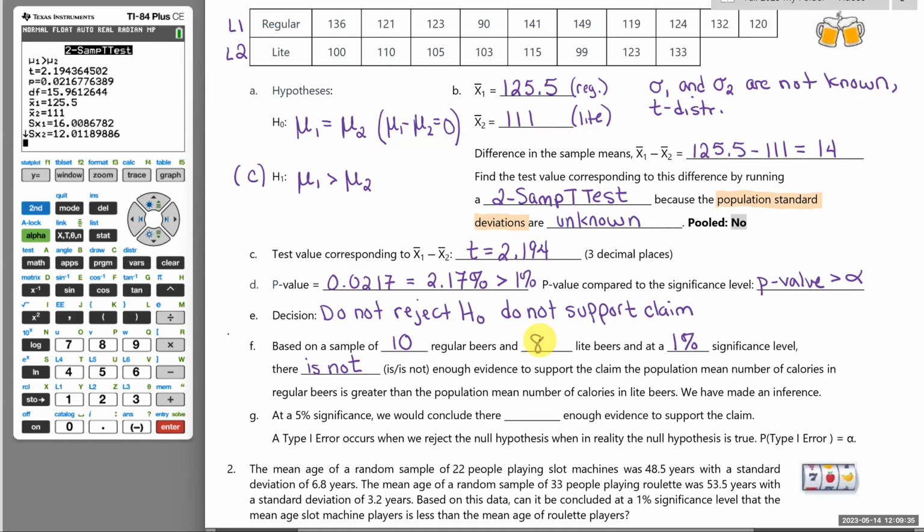So what if, rather than a 1% significance level, we decided to evaluate the claim at a 5% significance level? So our p-value was 2.17%.